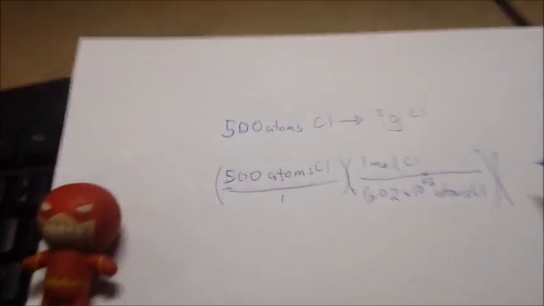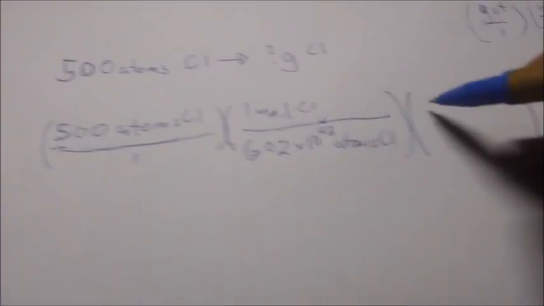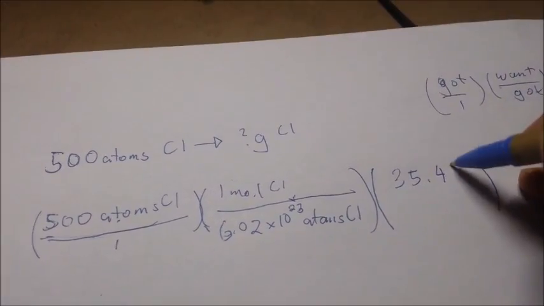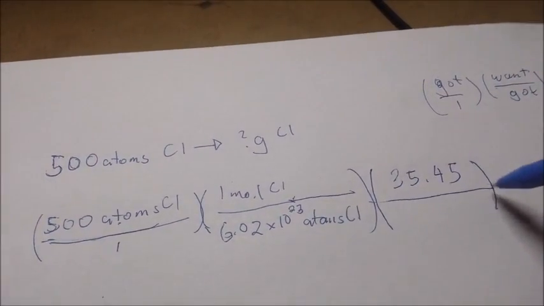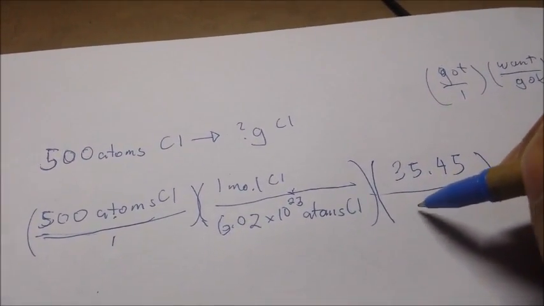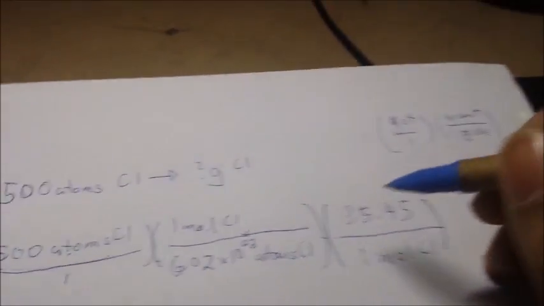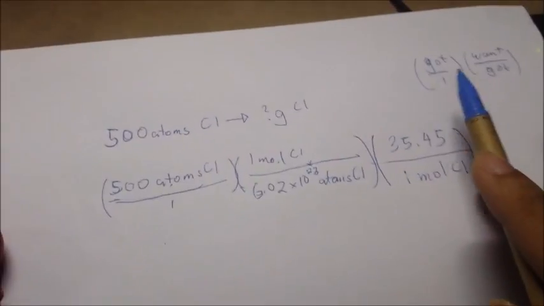It's gonna be the molar mass of chlorine, so let's put 35.45 over 1 mole of chlorine. See the form? It's very similar to this one.